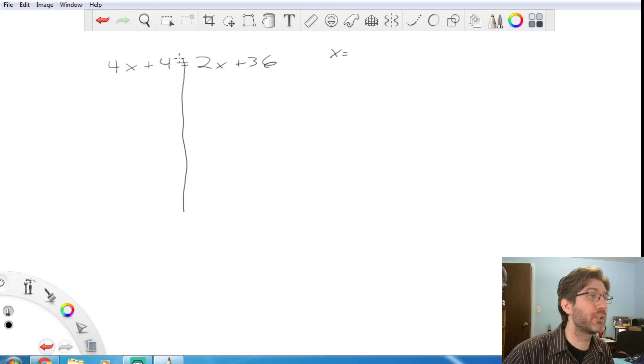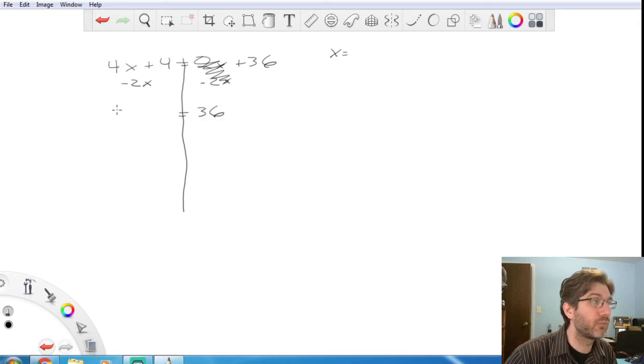It's probably easier to bring the 2x over, but it doesn't really matter. I'm going to subtract 2x from this side, and I'm going to subtract 2x from this side. Over here, my 2x is going to cancel and leave me with 36. Over here, 4x minus 2x gives me 2x. And then I didn't do anything with the 4, so plus 4.